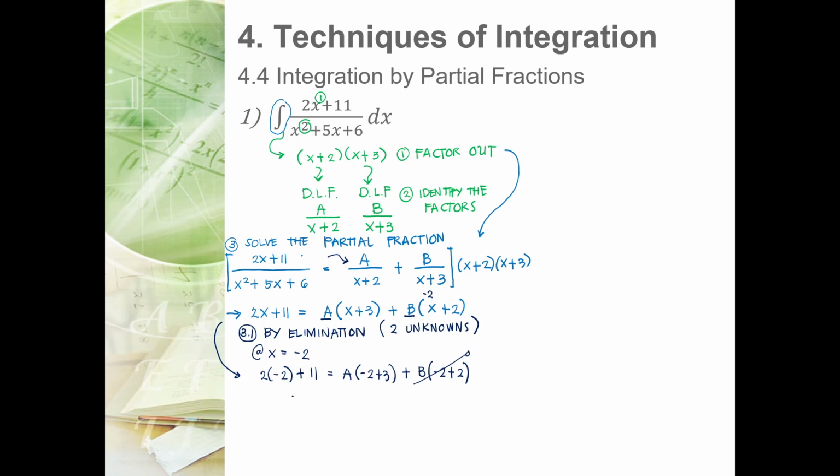What's left in the equation is negative 4 plus 11 is equal to a times 1. So 7 is equal to a, or a is equal to 7.